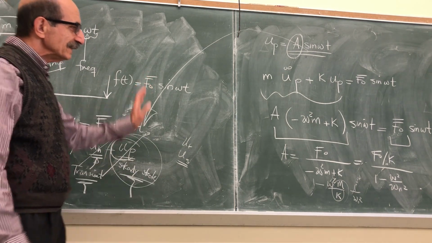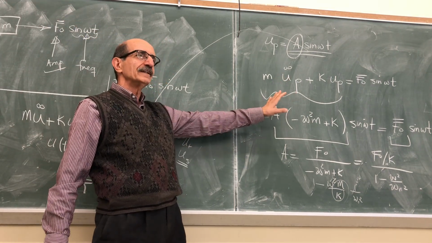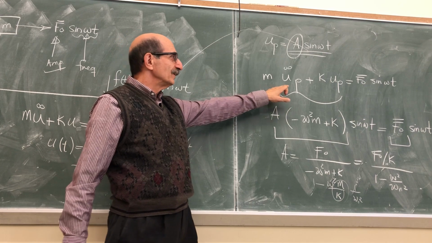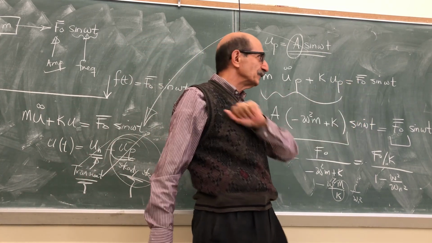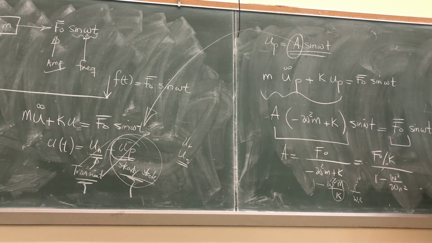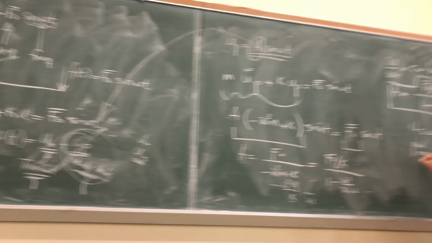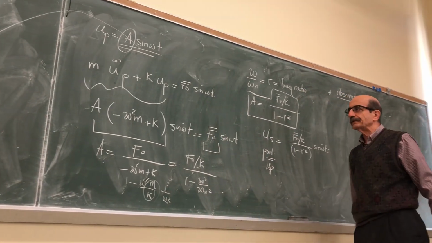As I was going through, unknowingly, I just quickly changed the notation without emphasizing it. Thank you for raising it. U sub s means the particular solution, which is the steady state.